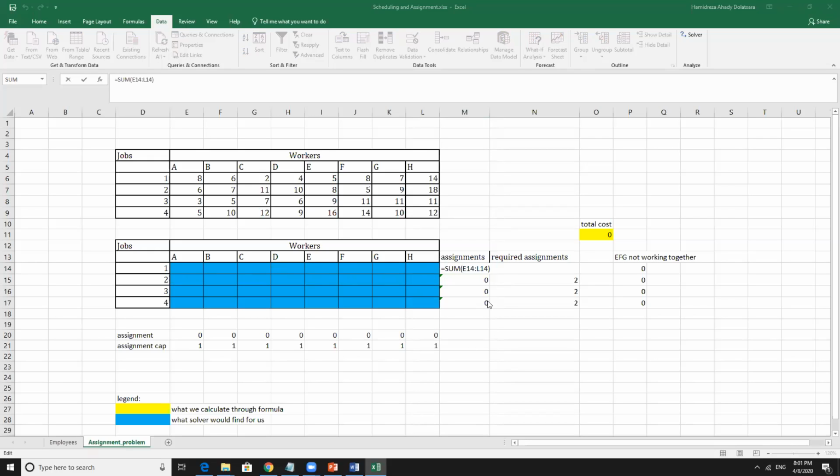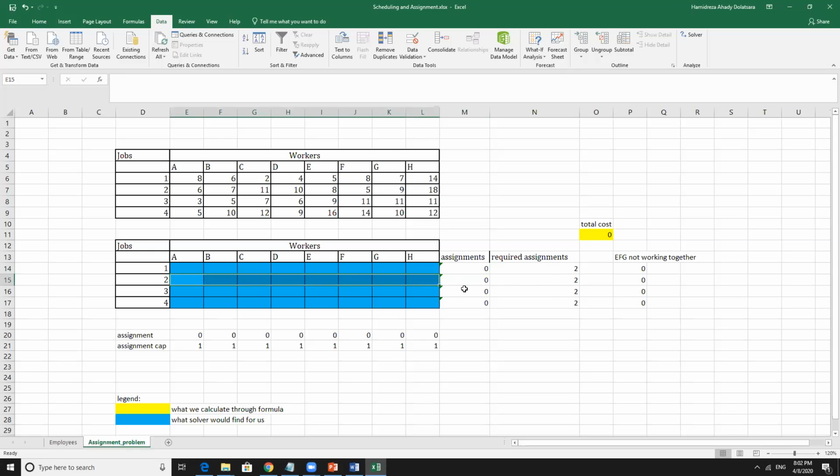So whatever I assign should be at least 2, because this row is basically how many workers are assigned to job 1, and we know that should be at least 2. Same for job 2, job 3, and job 4.